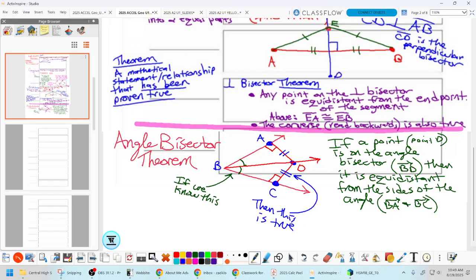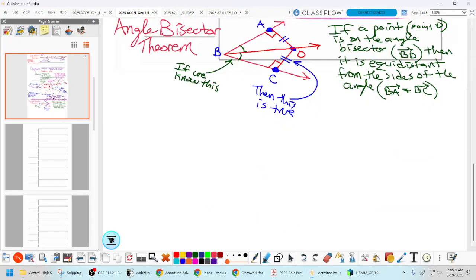I see people looking. Let me raise that up a little. Okay? And then the reverse is also true. So the converse, reverse, is also true.